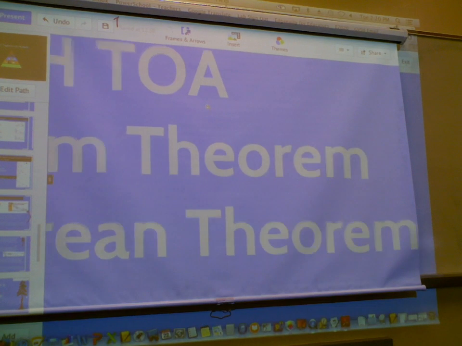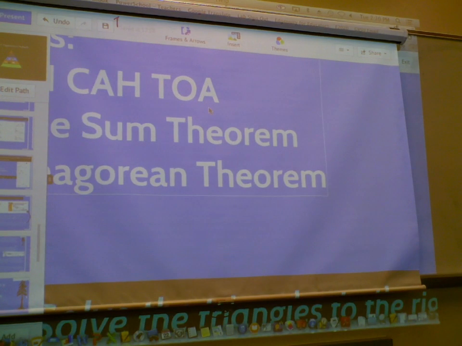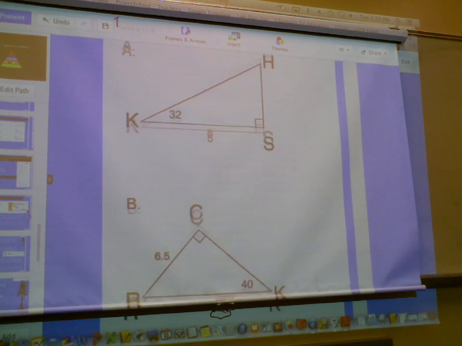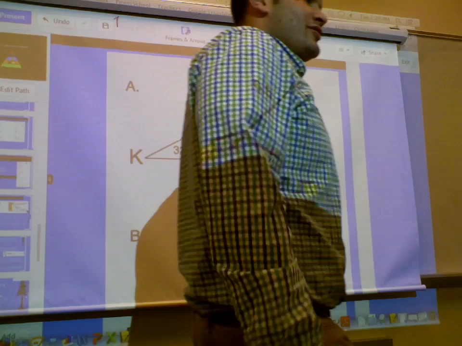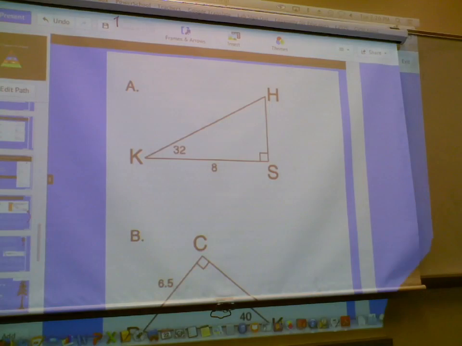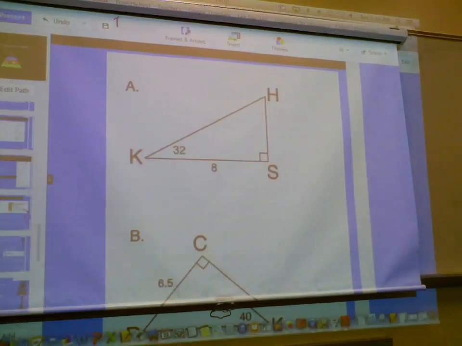Does it put the angles on there now? You have to do angle sum theorem, Pythagorean theorem. Wait, P-Y-T-H-A-G. I'm gonna throw up. You're disgusting. Just do it.